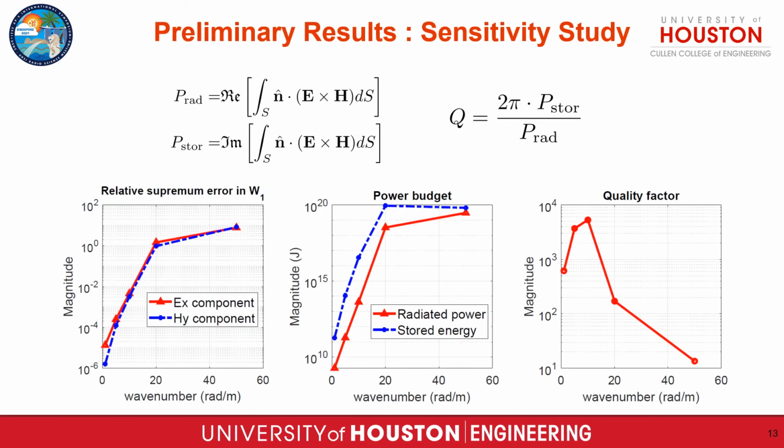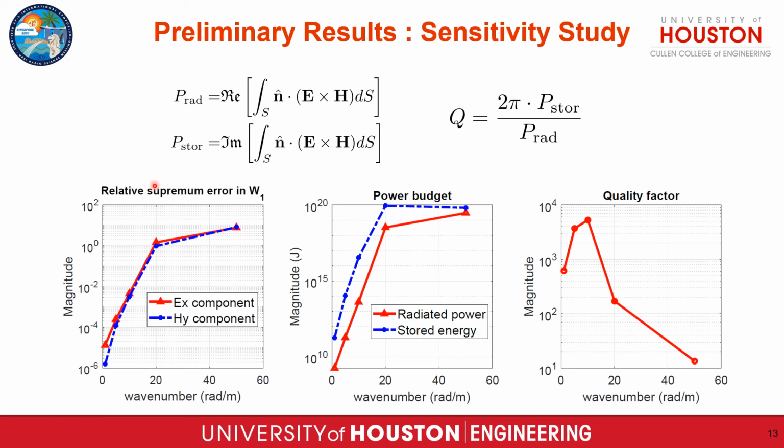In the previous slides, I showed a benchmark example to show the feasibility of our method. In this slide, I will show the sensitivity study. Here we only change one parameter and keep other parameters fixed, and we want to investigate the dependence on this parameter.